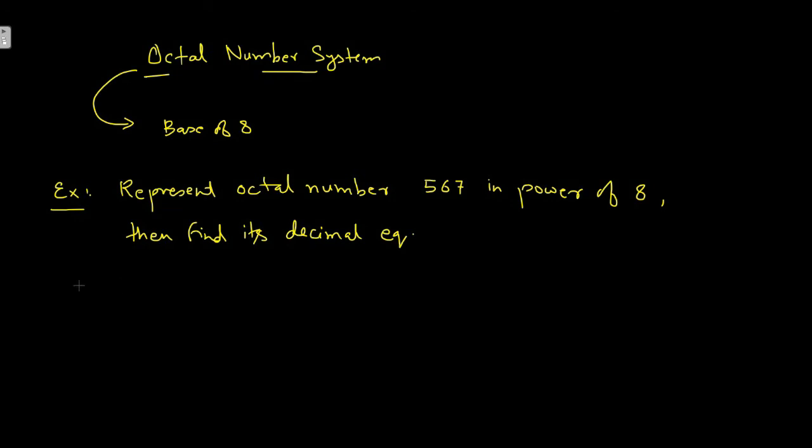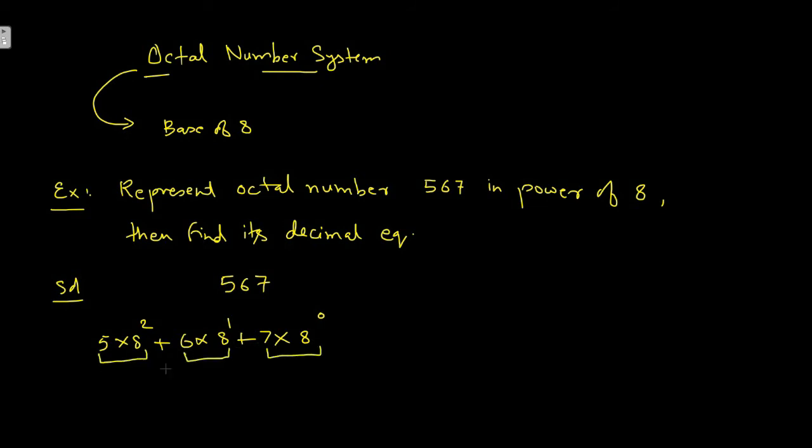Since there is no octal point here, we can write 7 into 8 to power 0 plus 6 into 8 to power 1, then 5 into 8 to power 2.